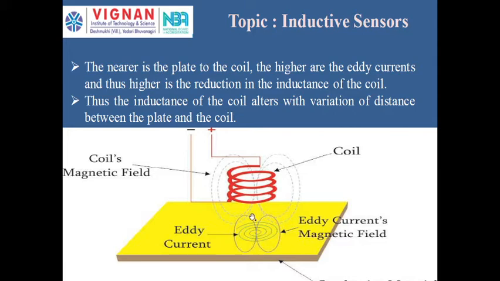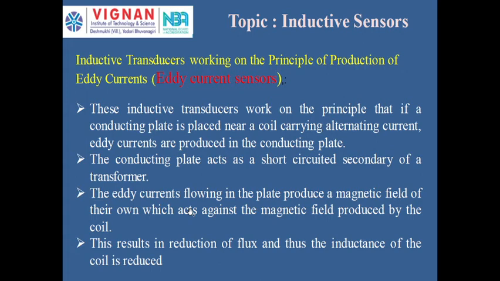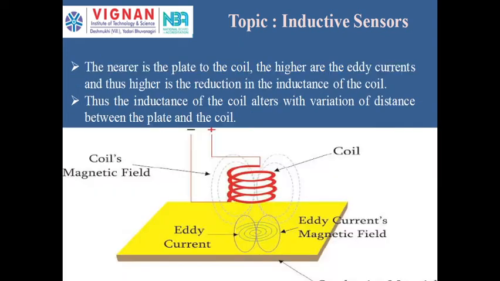So when eddy currents flow through this conducting plate, it acts as the secondary. This is the primary coil, this is the secondary coil. The eddy currents flowing in this plate produce a magnetic field of their own, which acts against the magnetic field produced by the coil. That results in the reduction of flux, and thus the inductance of the coil is reduced.